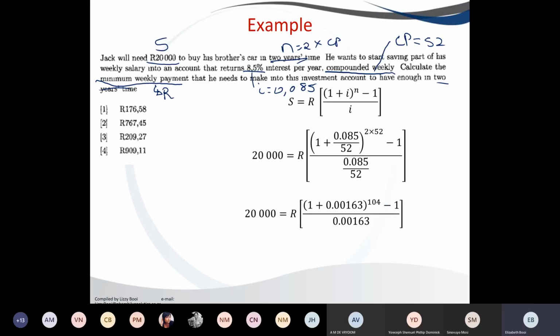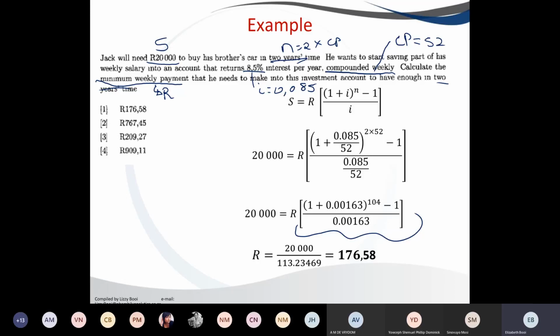I solve what is inside the bracket, and everything in the bracket gives me 118.23469, and that is the answer that I get.